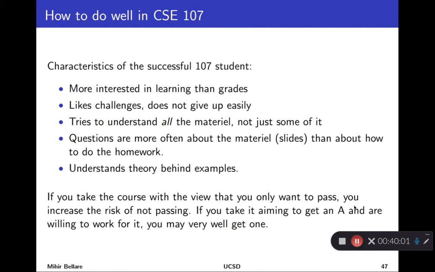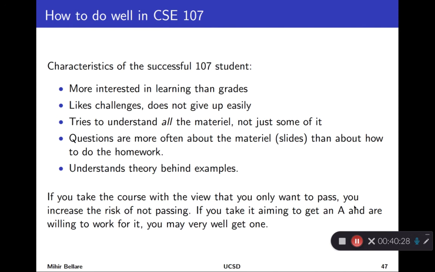It's worthwhile to understand everything. But what I mean by that is not to just try to understand what you think is relevant to solve some problem on the homework, but everything, because in the end, you don't know exactly what's relevant. But if you understand everything, you can do it quite easily.